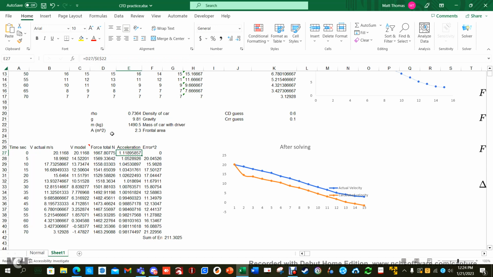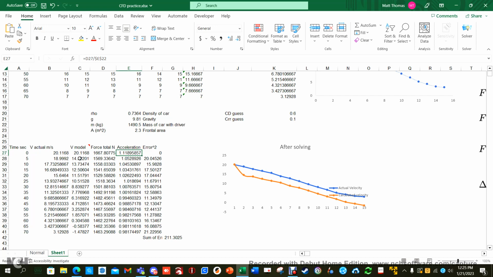Acceleration, d27, which was your force, e22, which is my mass. Okay. Alright. So I just used Newton's second law on this one to find my actual acceleration. And that's what calculated this one.